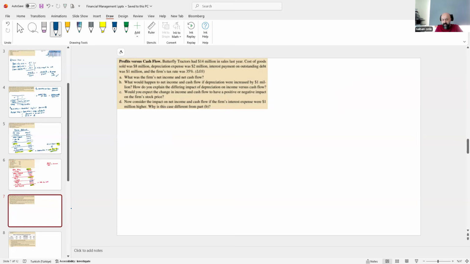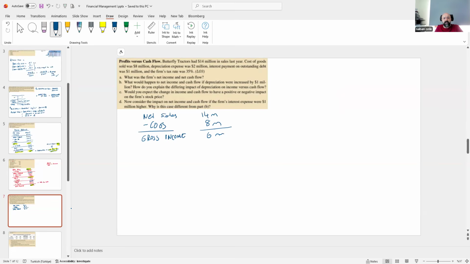I will calculate this. I will construct net income. Net sales will be 14 million. Minus cost of goods sold, which will be 8 million. And this is going to be equal to gross income, which is 6 million.